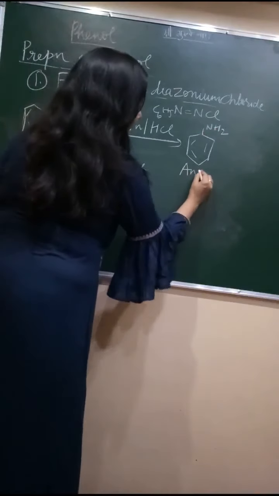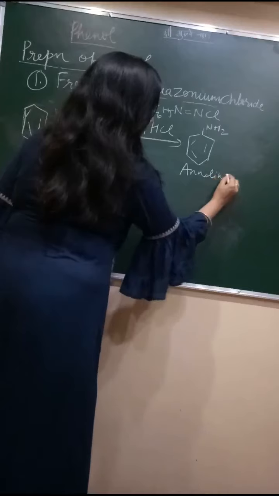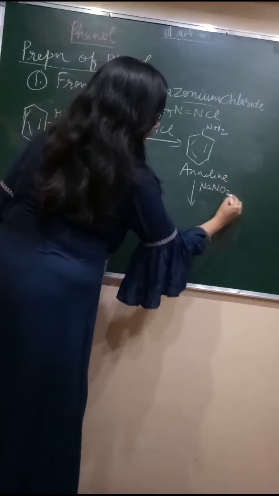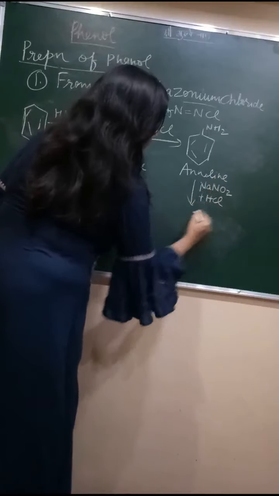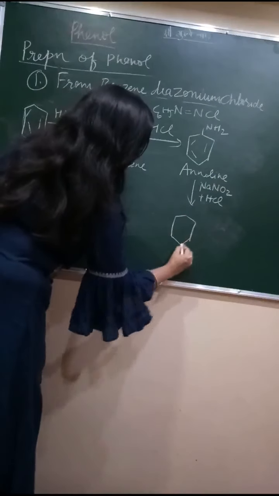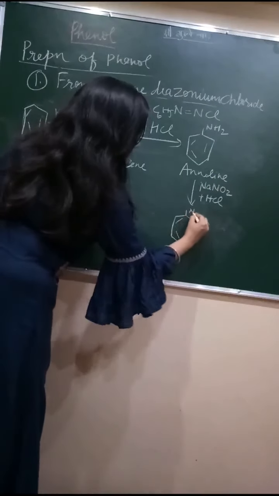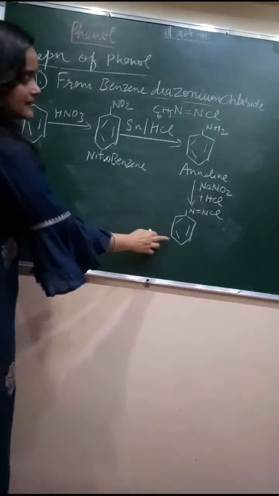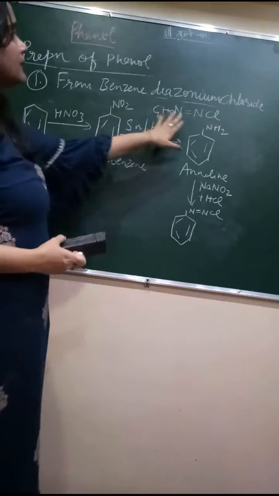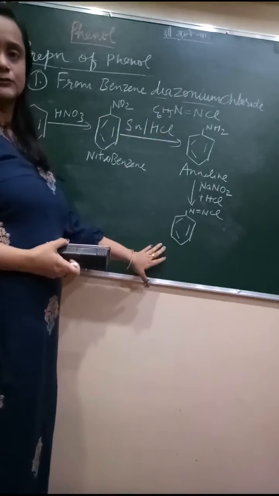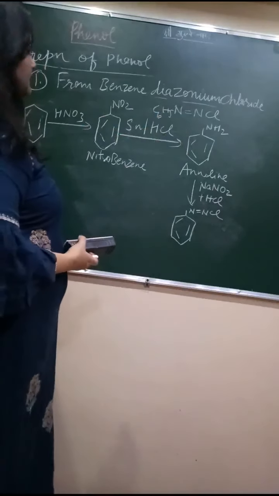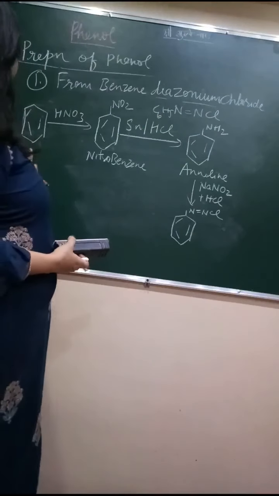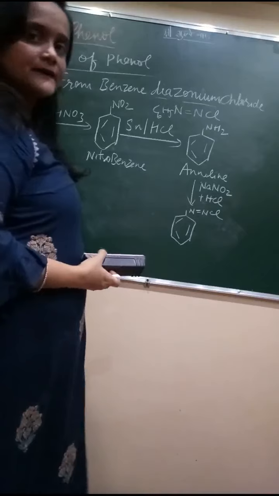When it is further treated with sodium nitrite and HCl, we get benzene diazonium chloride. We are preparing phenol from benzene diazonium chloride, but I have also explained how to prepare benzene diazonium chloride, taking benzene as the starting material.